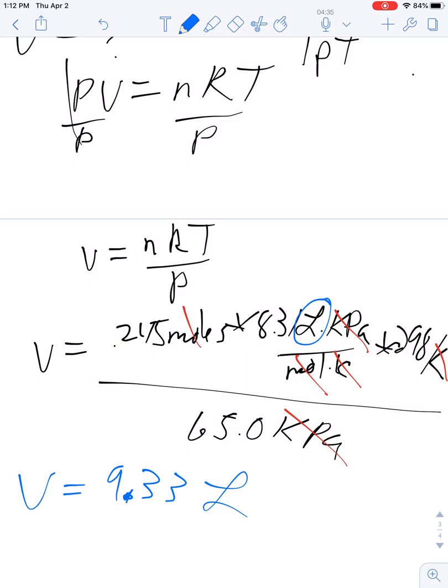All right? Let's try another one. That one was fun. We should do another. All right. So all of these are going to be ideal gas equations.